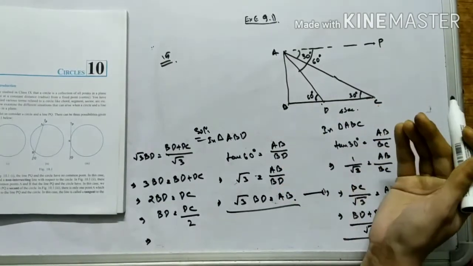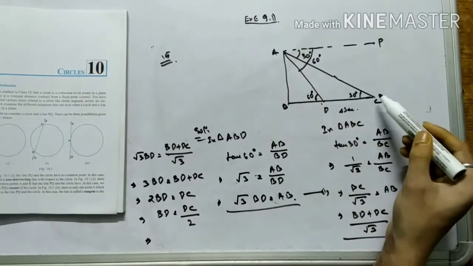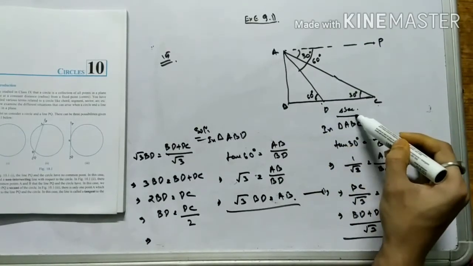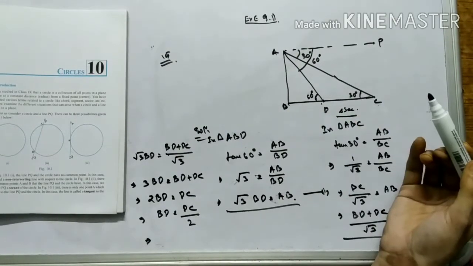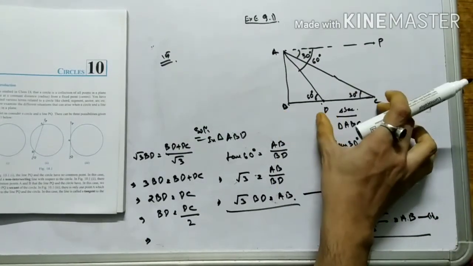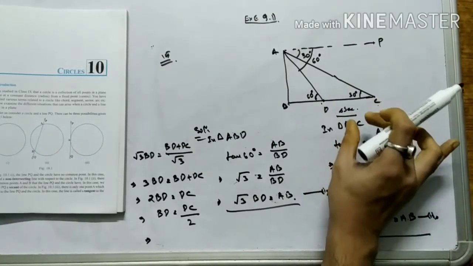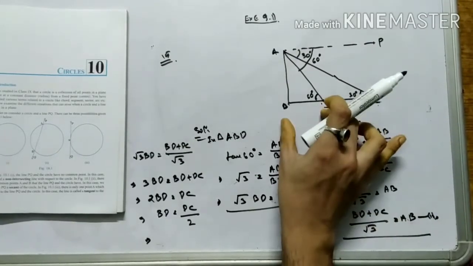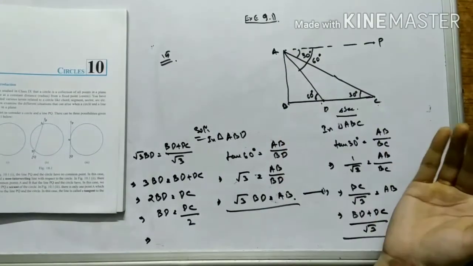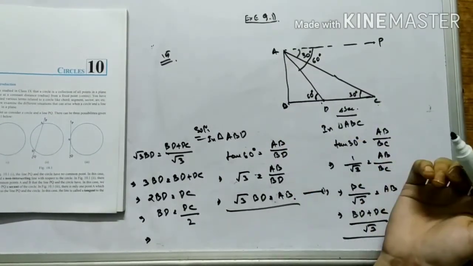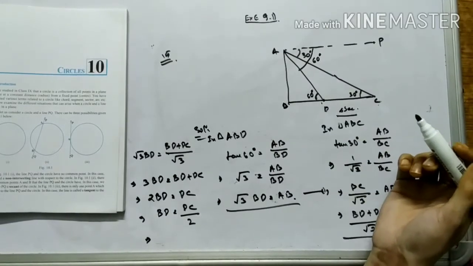So as the car is moving at a uniform speed, to reach from C to D it took 6 seconds. Now to reach from D to B, how much time will it take? Because this distance is half this distance. This distance took 6 seconds, so how much time will this distance take? As the distance is half, the time will also be half because the car is moving at a uniform speed.